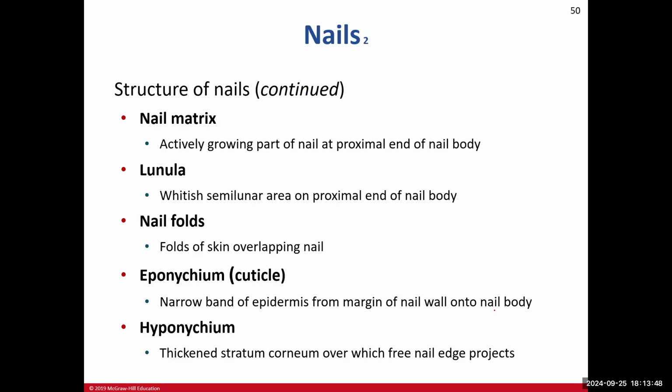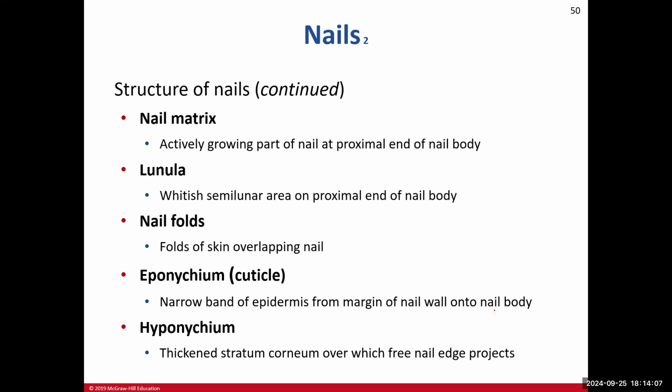All right, a couple other things here. Nail matrix, lunula, nail folds, the cuticle or the eponychium, and then the hyponychium there. So the matrix, and again, there's some similarities between hair and nails, and we learned some of those similarities in lab, right? The nail matrix, actually, we didn't learn about this in lab.